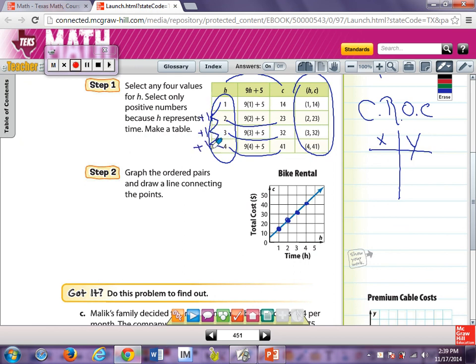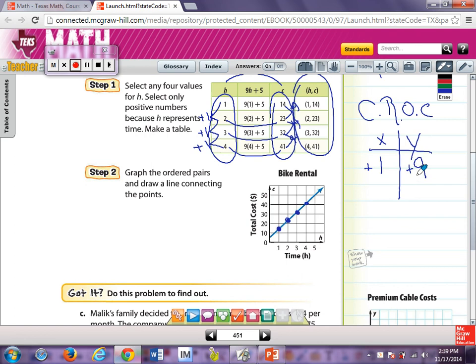Everything is increasing by 1. So in the X column, everything's increasing by 1. That's our constant rate of change. In the cost, or you can even call it the Y column, it doesn't really matter, we have these numbers. 14 to 23, that's plus 9. 23 to 32, that's also plus 9. And 32 to 41, that's also plus 9. So in the total cost column, we have a constant rate of change of positive 9.